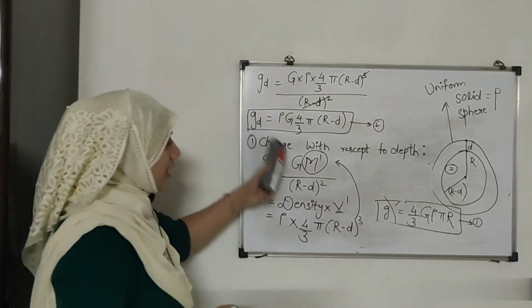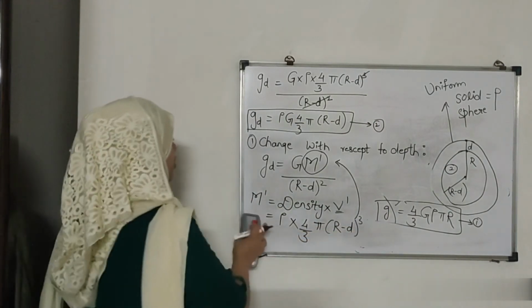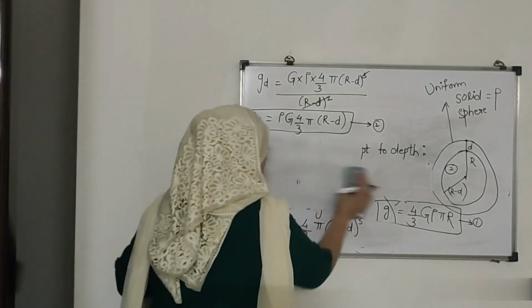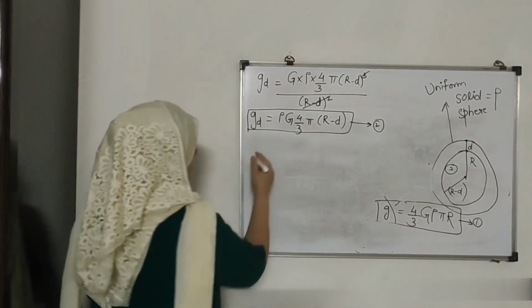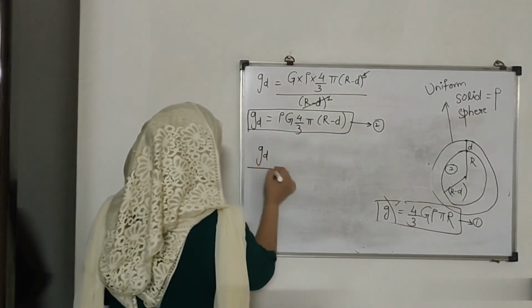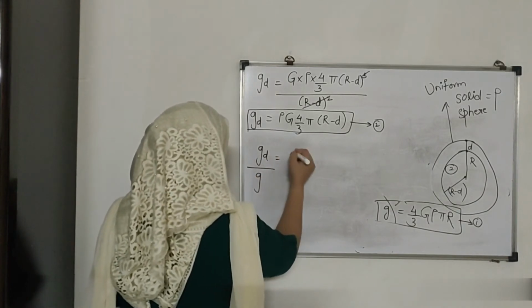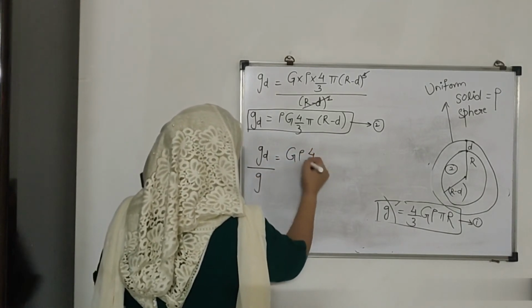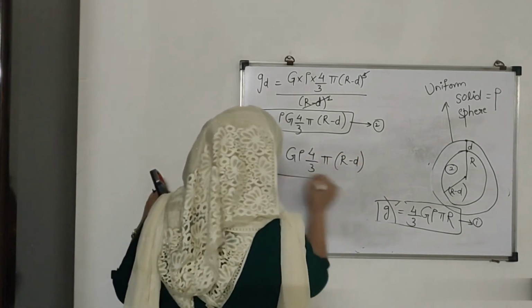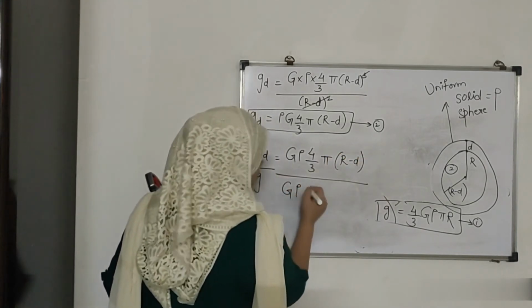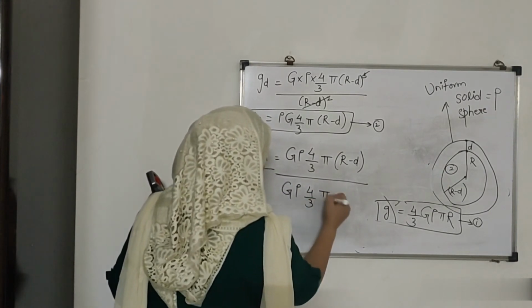Now divide g_d by this g value. What would I get? Now g_d upon g is equal to capital G rho 4 by 3 pi (r minus d) upon capital G rho 4 by 3 pi r.